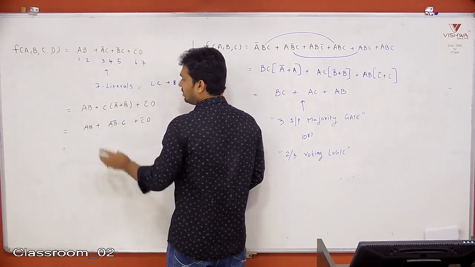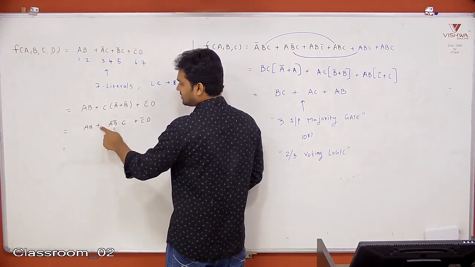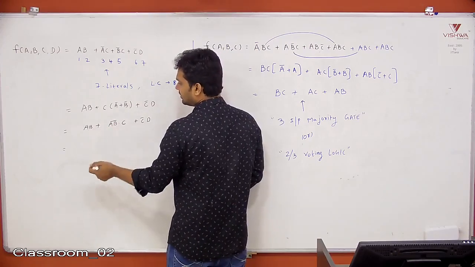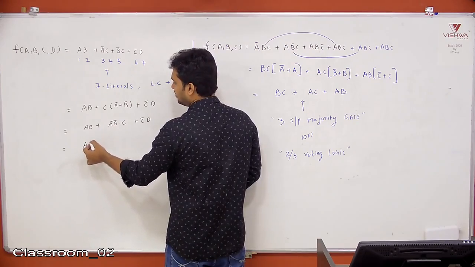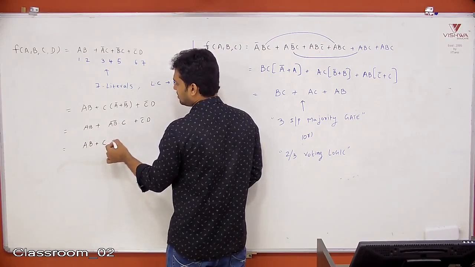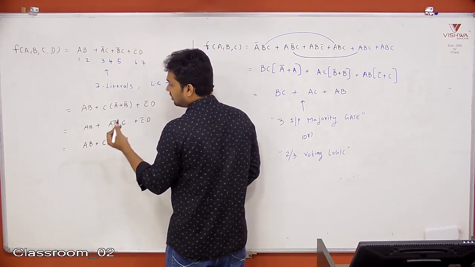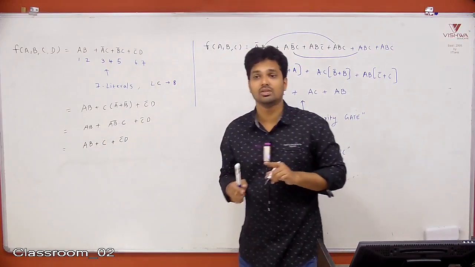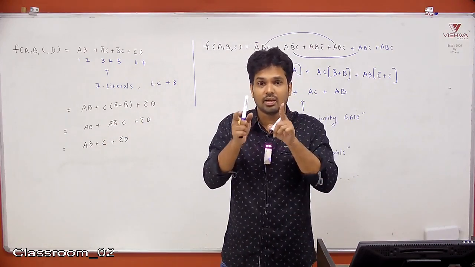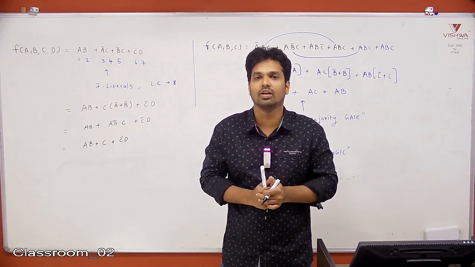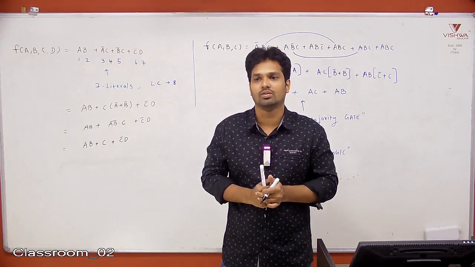Now, you see X plus X bar Y, that is AB plus C bar D. How? Distributive property. What is distributive property?